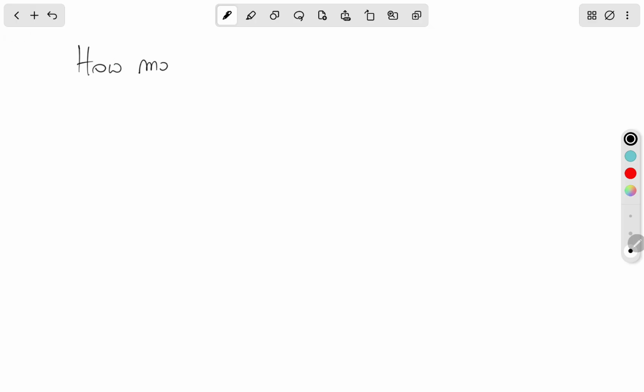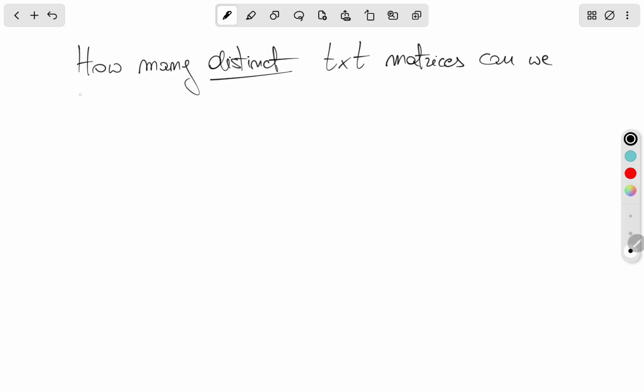How many distinct T by T matrices can we have?